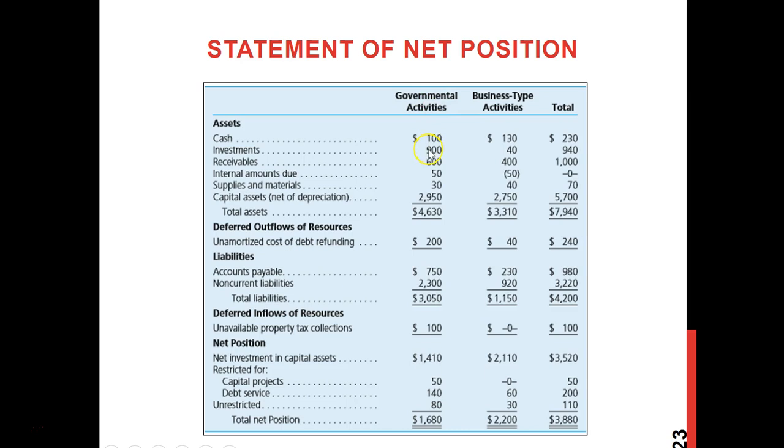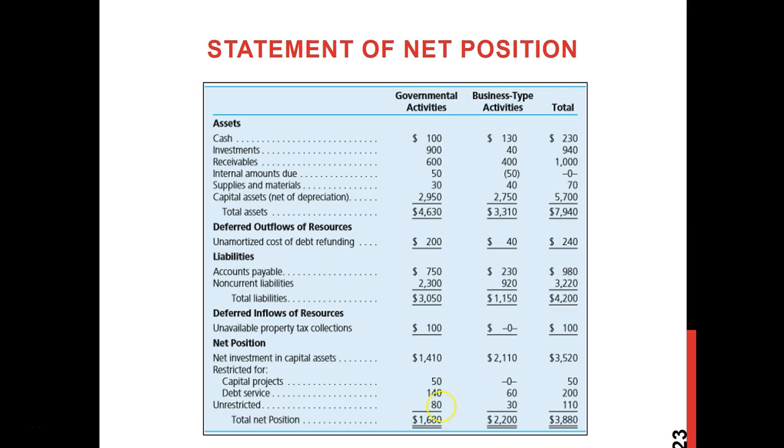So if you look at the governmental activities, under this governmental column, 4,630 is their total assets, and they will also consider these deferred outflows, $200, and then if you subtract all of their liabilities and deferred inflows, which is 3,050 and $100, you will get their net position under the governmental activities, which is 1,068.